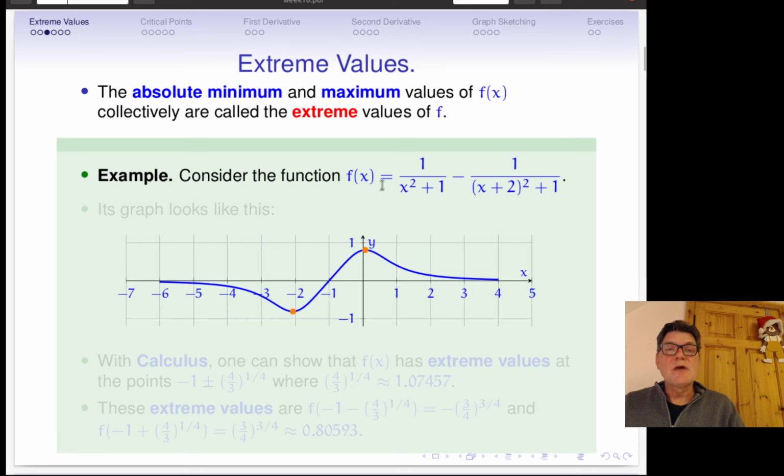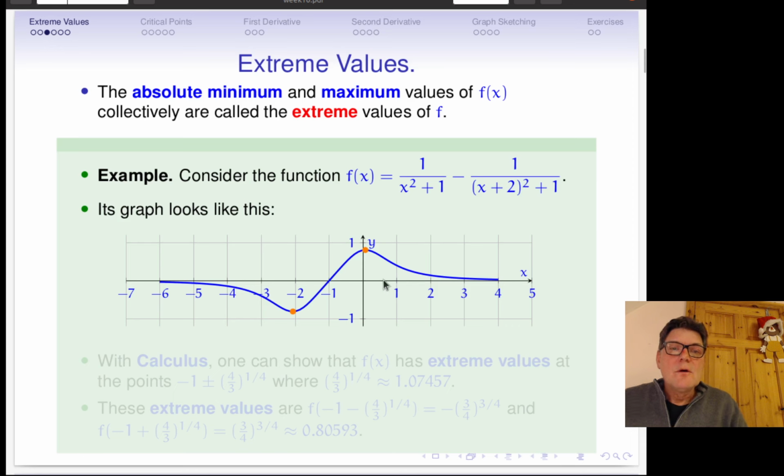Now this function f of x defined as 1 over (x squared plus 1) minus 1 over ((x plus 2) squared plus 1) has a graph which looks like this. There's two orange dots. One indicates the absolute minimum value and one indicates the absolute maximum value of this function f.